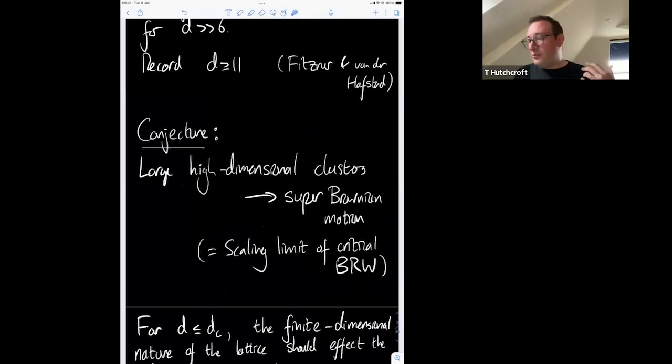The belief is that if you take, for example, your critical percolation cluster at the origin in high dimensions and condition it to be large, it should converge under appropriate rescaling to what's called super Brownian motion, which is the scaling limit of critical branching random walk, and which is understood very well, explicitly in terms of SPDEs and so on. But this has not been done. There are some things that have been done, for example proving that the spine of the cluster converges to Brownian motion, but the full statement remains open.